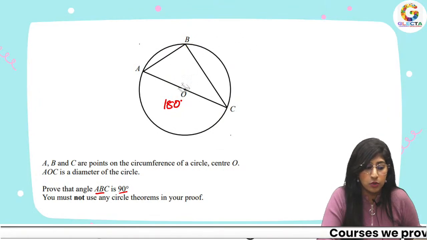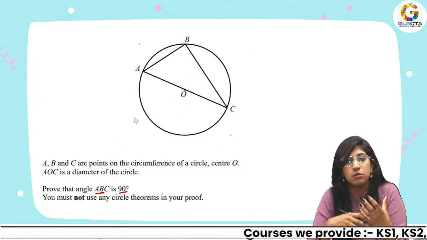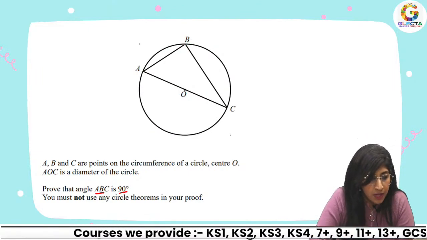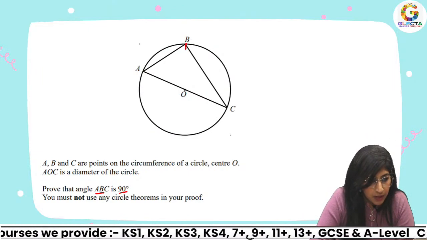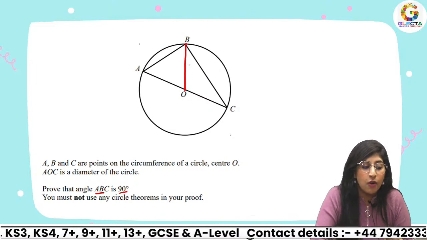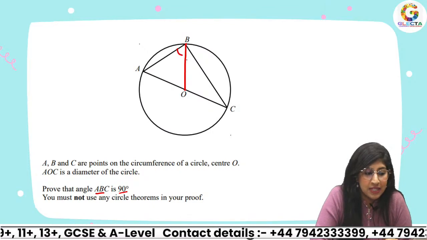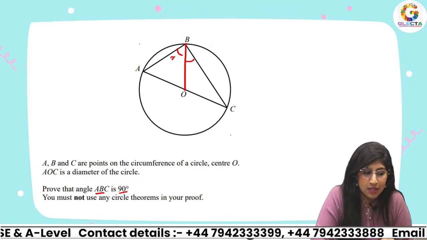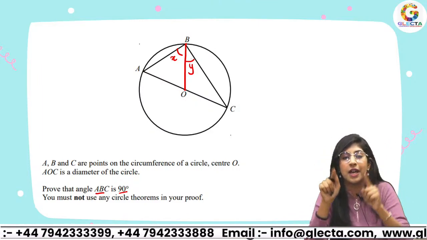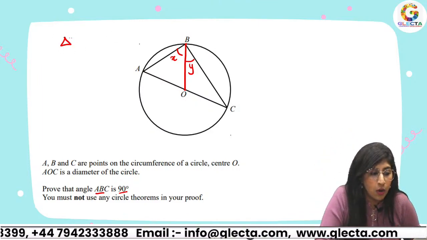So what I'm going to do over here is draw triangles and see if I can use any properties. Let me connect O and B. I'm trying to draw a straight line. Done. Now I need to work on these two angles. Let's say this is X and this is Y. Now, see triangle AOB.